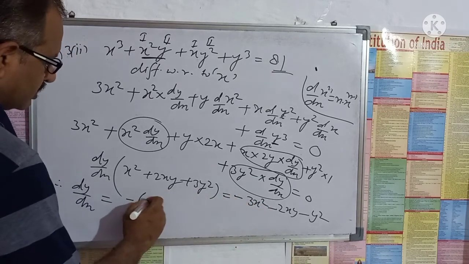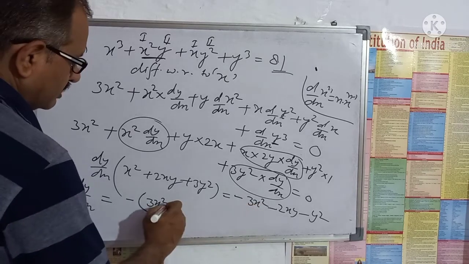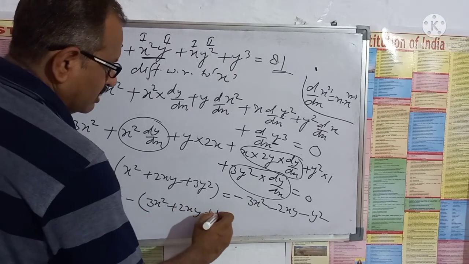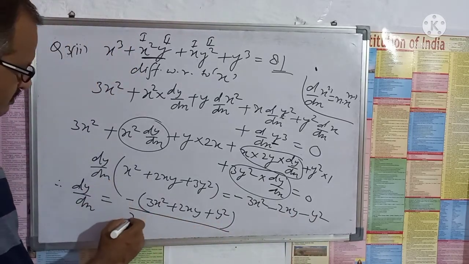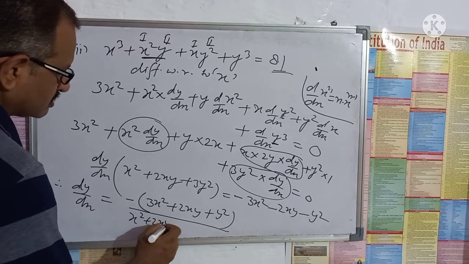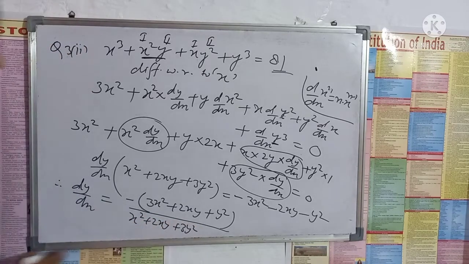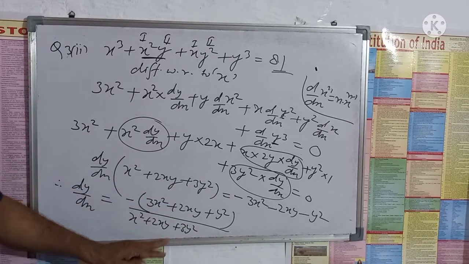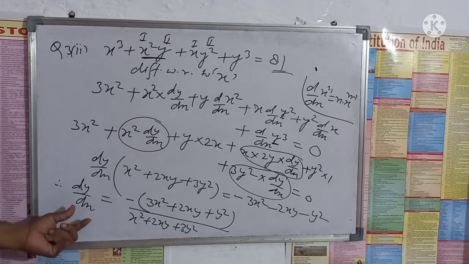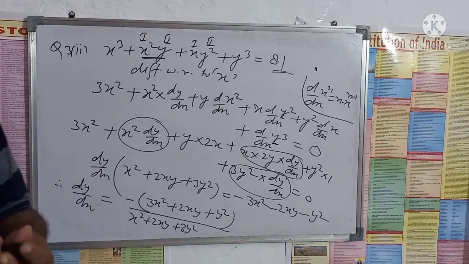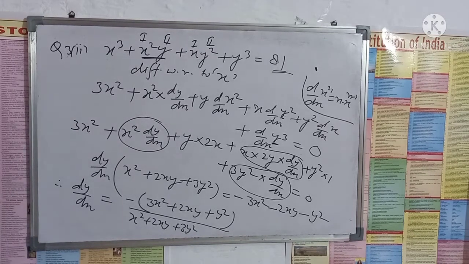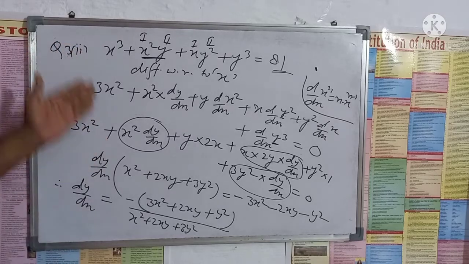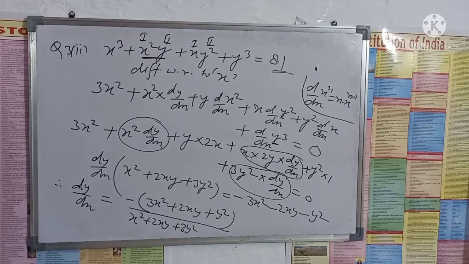If you take minus sign common, it is 3x square plus 2xy plus y square divided by x square plus 2xy plus 3y square. So in this way we can find dy by dx in case of implicit form. If the function is not given in the explicit form, in this way we can find dy by dx. So it was question number 3, second part.